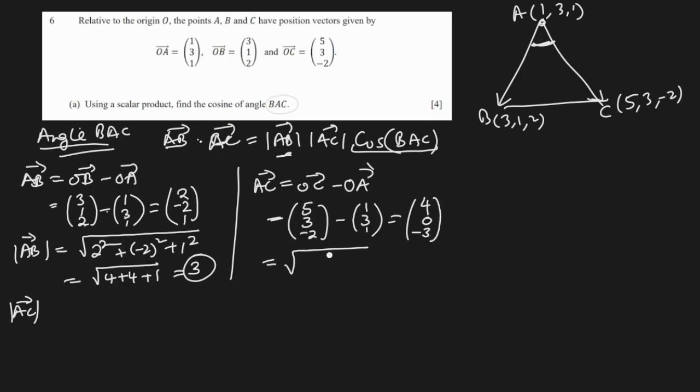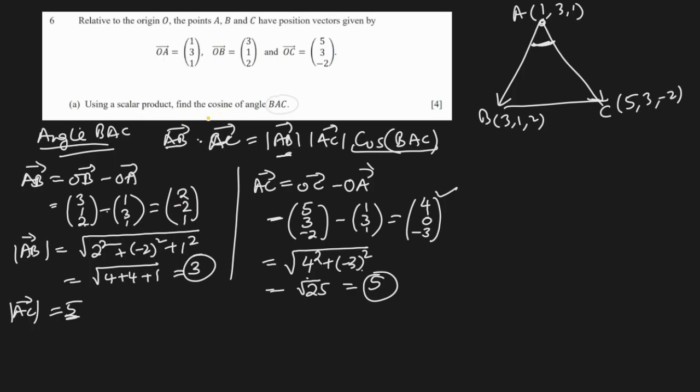So it will be 4 square plus negative 3 square, which is 16 plus 9, 25, 5. 5 is the magnitude of AC. We got this is AC, this is its magnitude, and now we'll substitute everything in this and we'll get our angle.